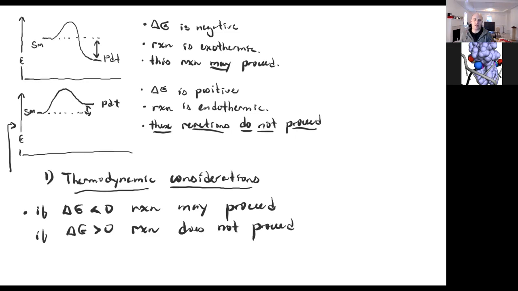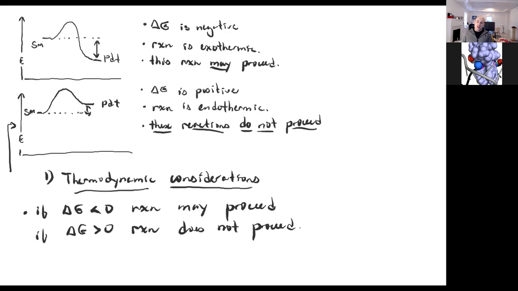Okay, and so this is where the barrier, the line connecting the starting materials and products, becomes important. The only conclusion that I can draw from this thermodynamic analysis is that this reaction may proceed or is impossible.